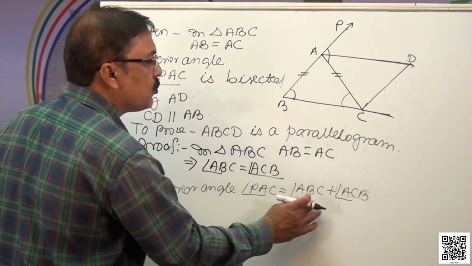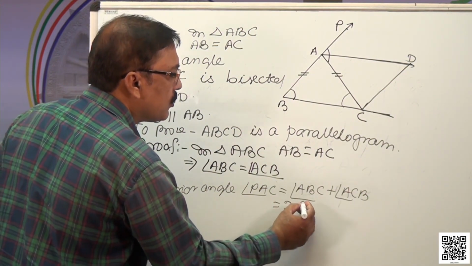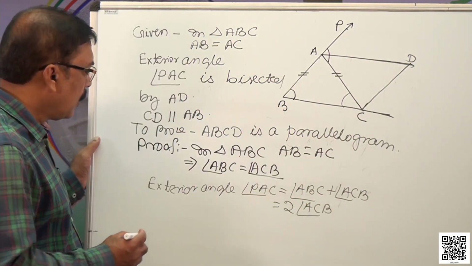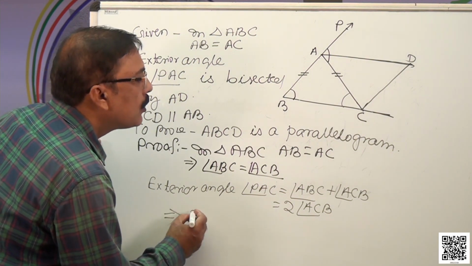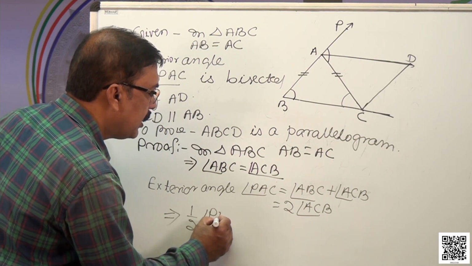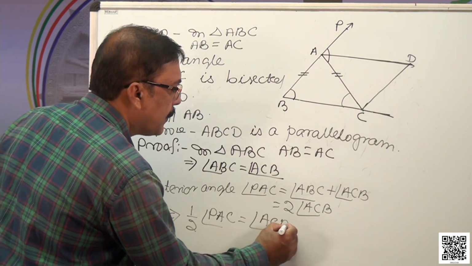Now, we know these two are equal, so we can say this is equal to 2 ACB. This implies 1 by 2 PAC is equal to ACB.